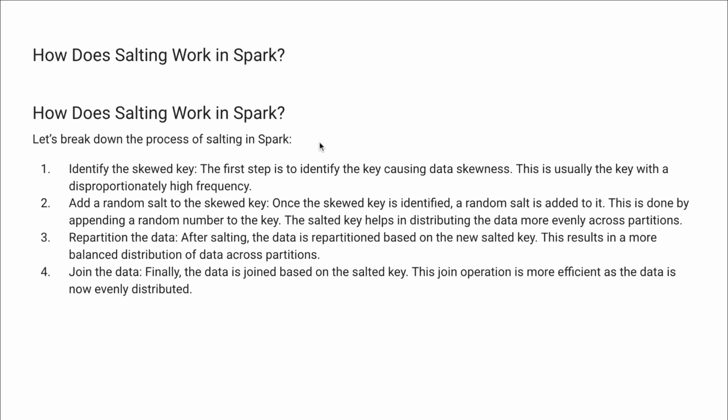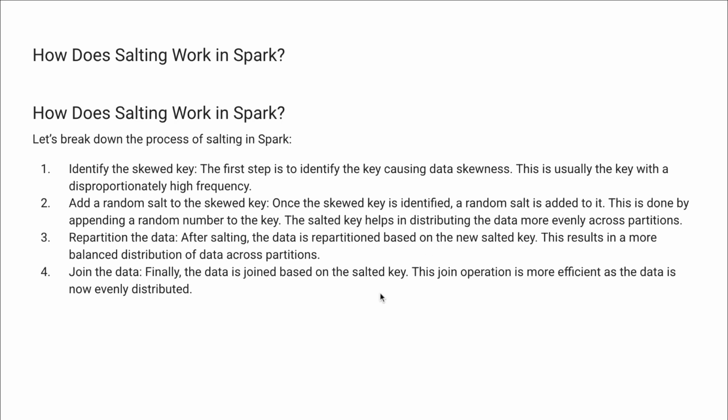So how does salt work in Spark? Before we apply the salt technique, we identify the skewed key. As I mentioned, for one given key the data will be very high, and for the others less. So we need to identify which key is causing the data skew. The first step is to identify the key causing the skew.